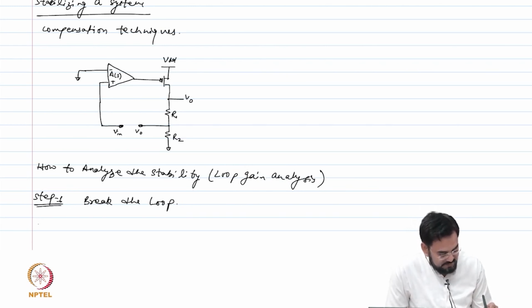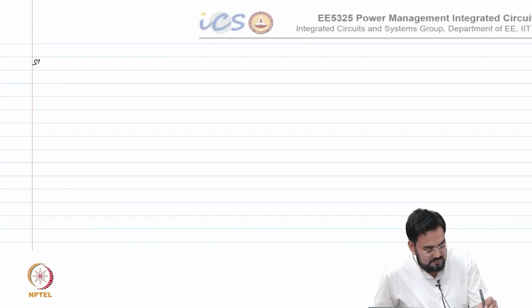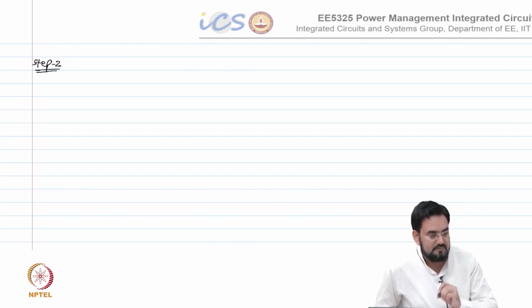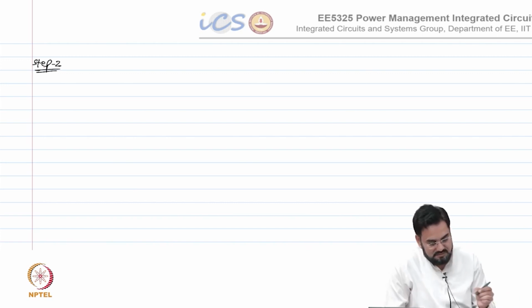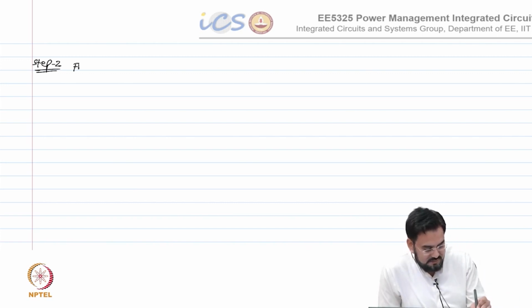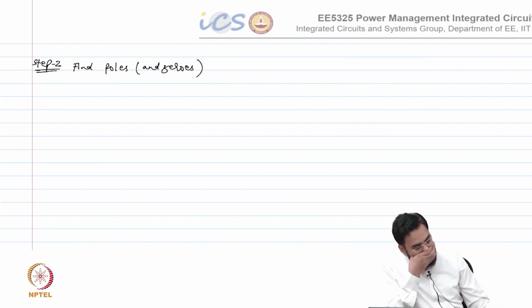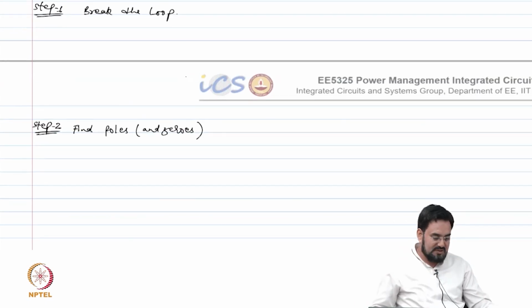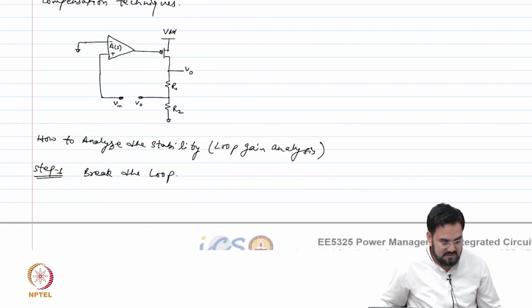Then step 2, we need to find the poles and zeros. If there are any zeros, we need to consider those as well. So, I will just copy this.